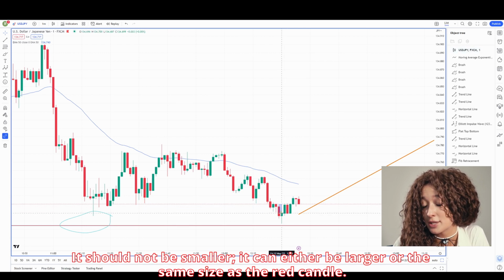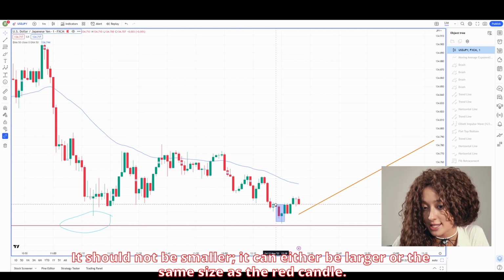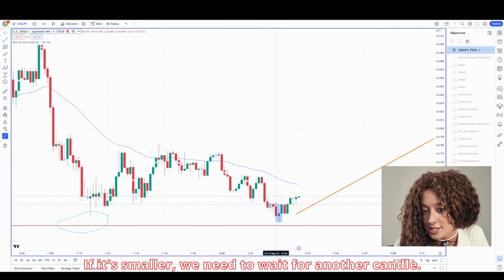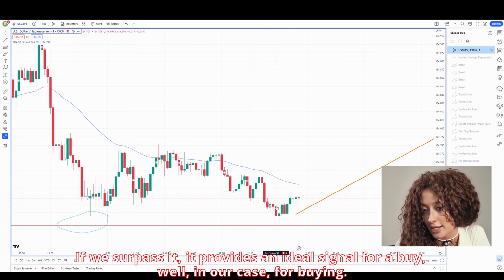It should not be smaller. It can either be larger or the same size as the red candle. If it's smaller, we need to wait for another candle. We must surpass the size of the red candle that comes before the hammer. If we surpass it, it provides an ideal sign for a buy. Well, in our case, for buying.